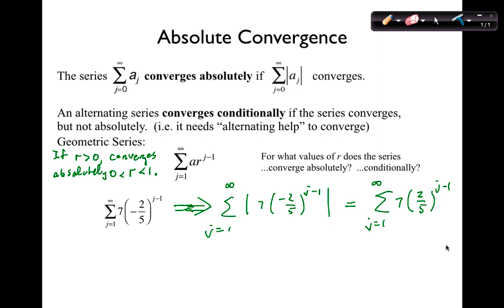So now the question is, if this thing converges, then that's absolutely convergent. Does this thing converge? He said no. Agree with that? Geometric series with R equal to 2/5. Does it converge? Yes, it converges, because R has to be between -1 and 1.